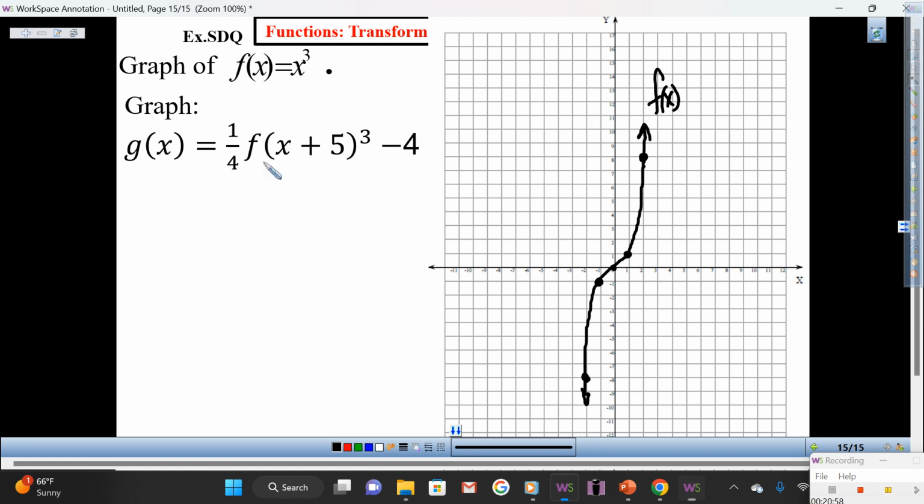Next, let's write our general rule underneath this again. G of x equals a times f of 1 over b minus h plus k. With that said, tell your neighbor where this transformation is going to end up at the end. Where's that going to end up at the end? Where are we going to move that to?